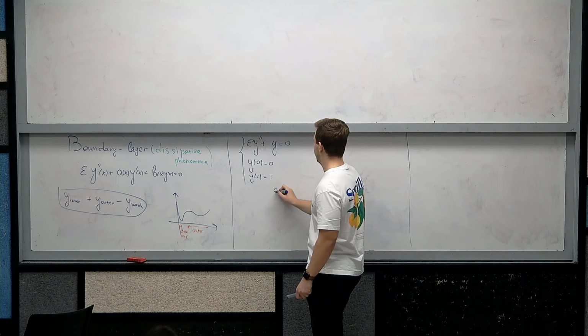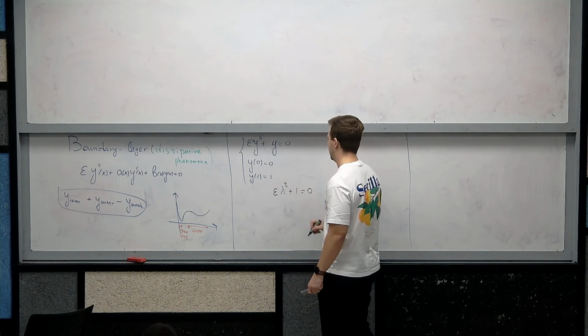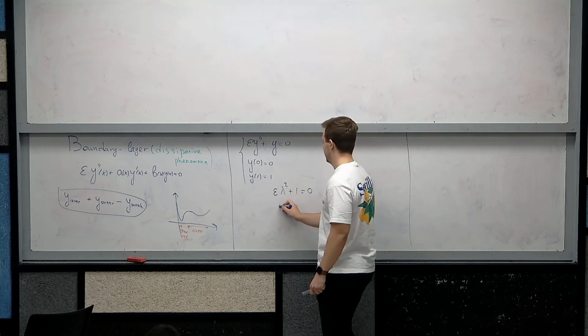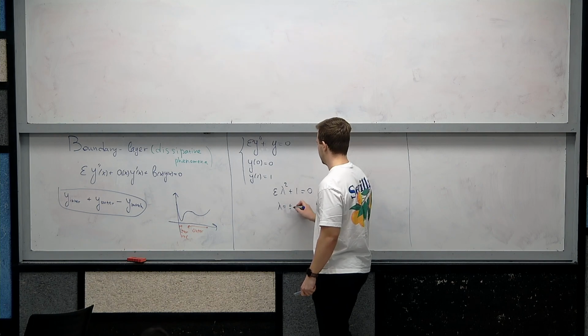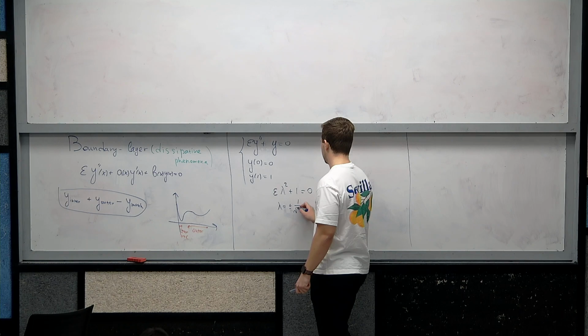So we have epsilon lambda squared plus 1 equals 0, and therefore lambda is plus or minus i over square root of epsilon.